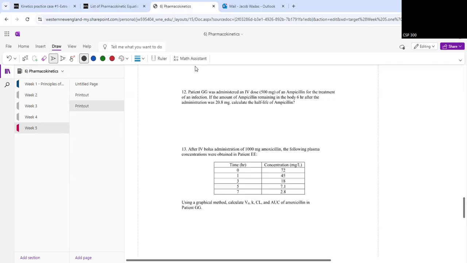I found N, and then you use N equals t over t half-life. Right, but you're solving for t half-life. And the time would be 6 hours. I found it, it was like 2.5. So how did you find the fraction remaining?